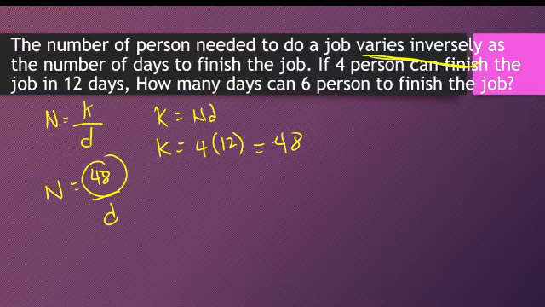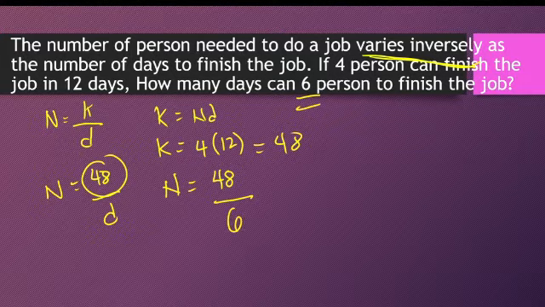How many days can 6 person finish the job? So, nawawala yung number of days. So, 48 yung K natin. Tapos, yung magtatrabaho ay 6 person. 48 divided by 6. So, 48 divided by 6 is 8. So, there are 8 days.